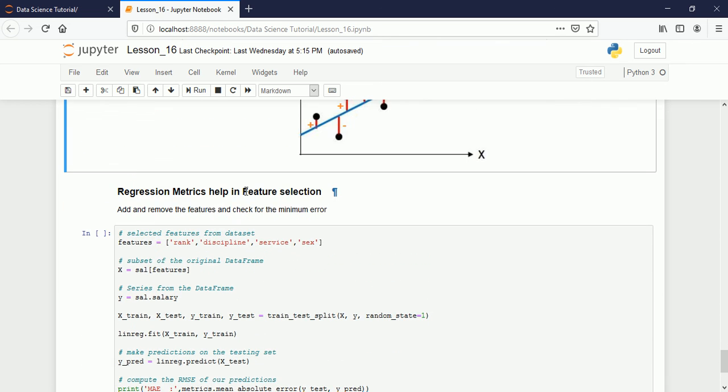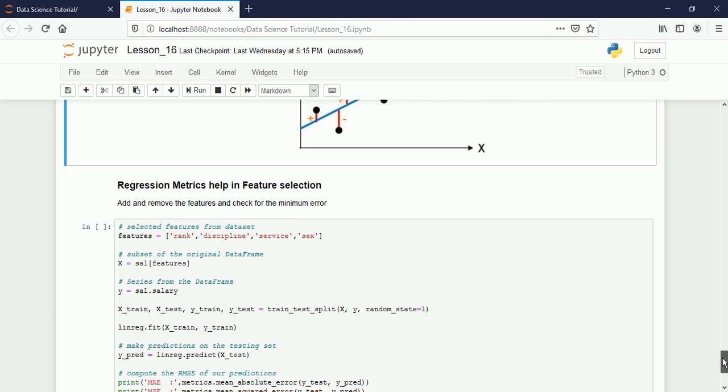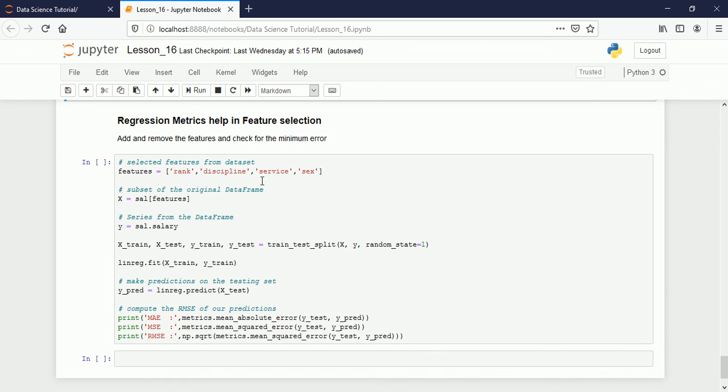The last point, friends: we said regression metrics help us in feature selection. How is it helping us? Very simple, friends. By adding and removing features and calculating the errors, the features giving the minimum error will be selected, and those features giving more errors will be neglected.